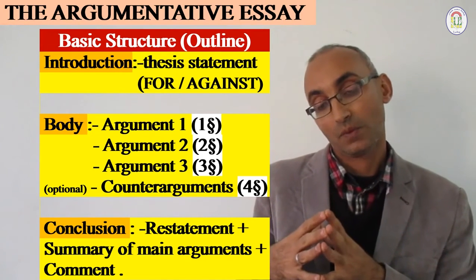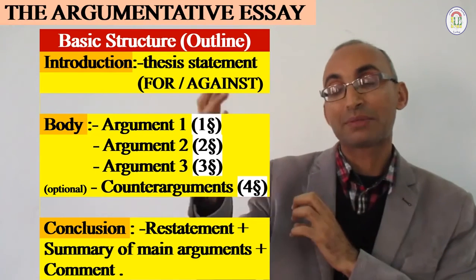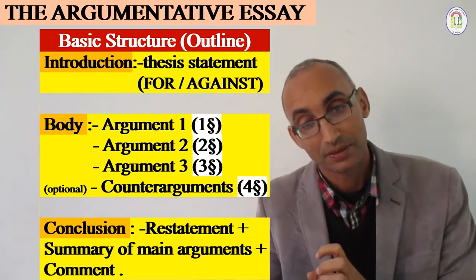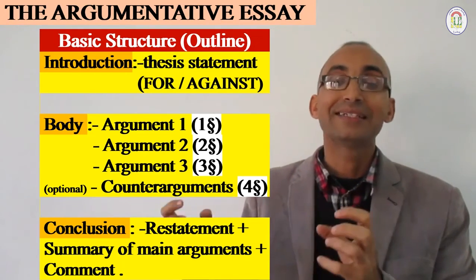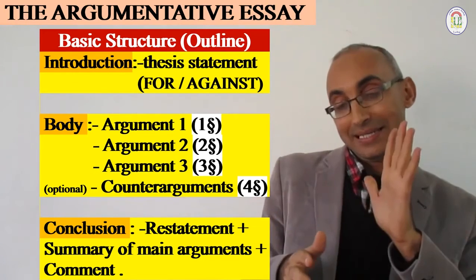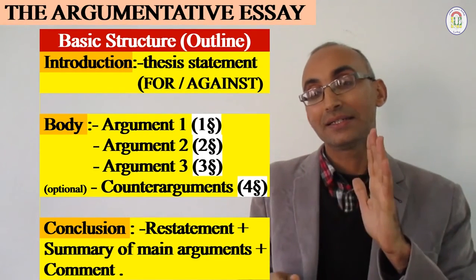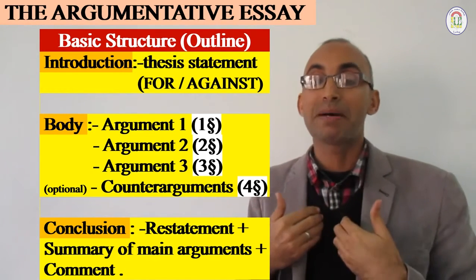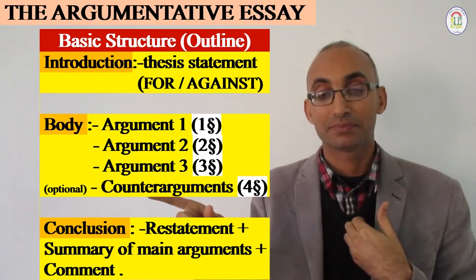It means here, after discussing 3 arguments in the 3 separate body paragraphs, the 4th body paragraph will discuss the other side's point of view and will rebut and refute that view using my counter arguments against them.